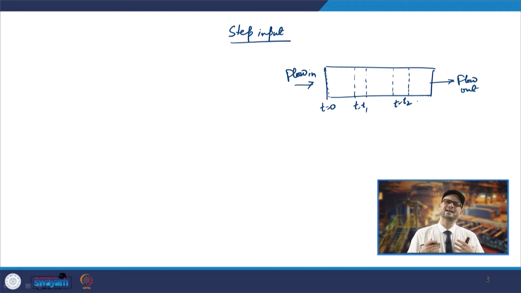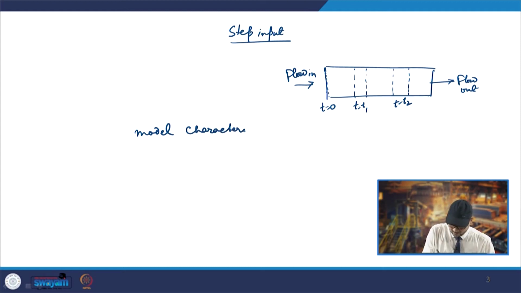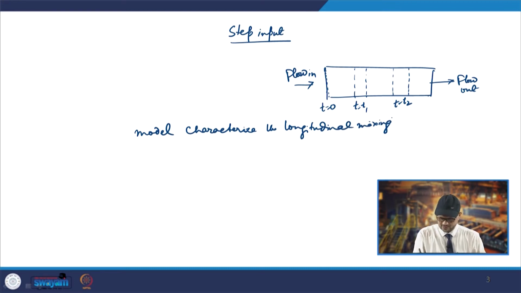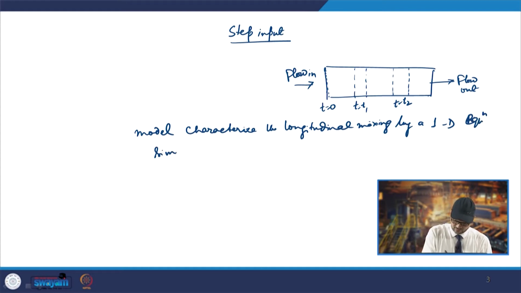Here you will again have a constant of proportionality, and this constant of proportionality is known as the eddy diffusivity. This is the model we will be using, characterizing the longitudinal dispersion or longitudinal mixing, by the one dimensional equation similar to Fick's law of diffusion.